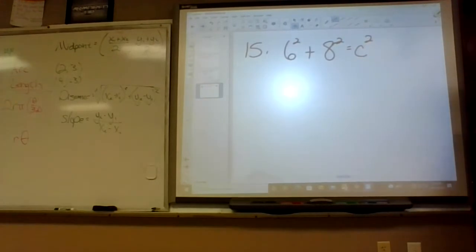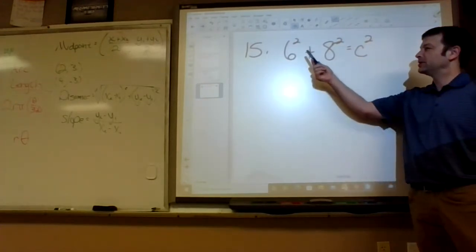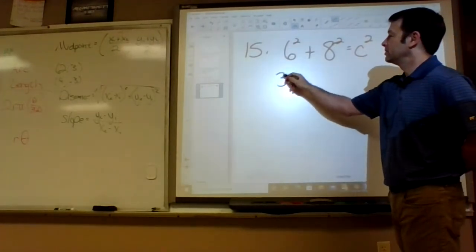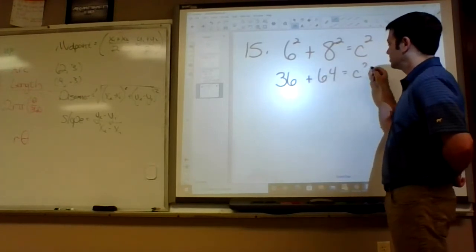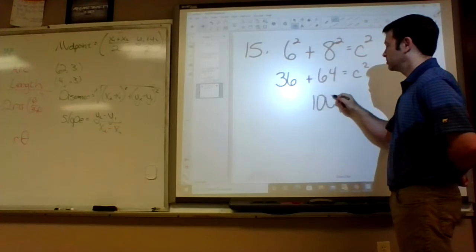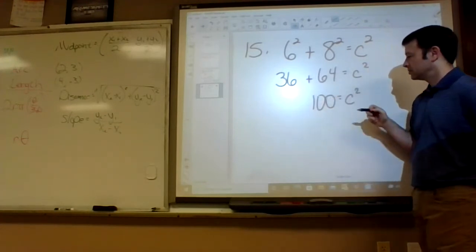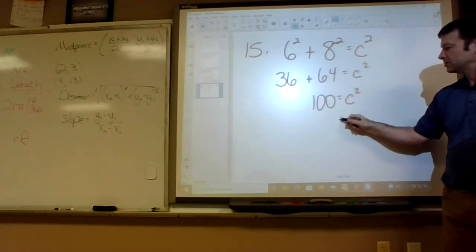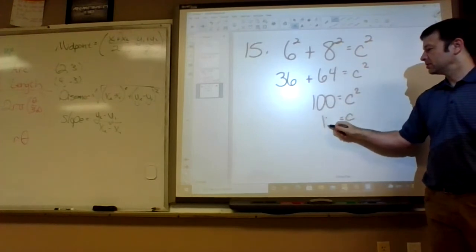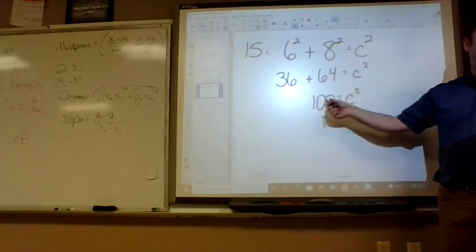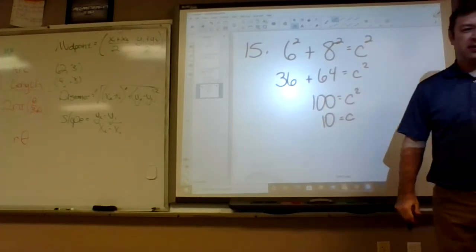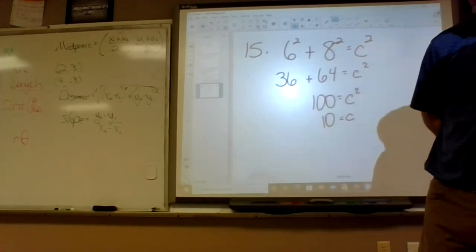You guys recognize this? C squared is 100. You have to find the square root. What squared equals 100? 10. And 100 squared would be 10,000.